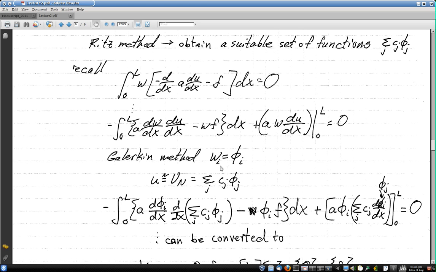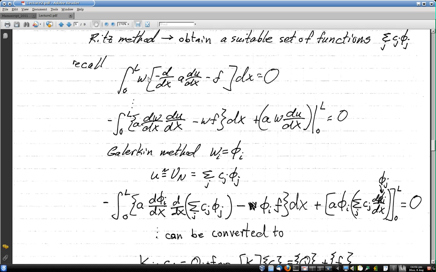So in Galerkin's method, the weight function is the same as this interpolation function. They don't necessarily have to be, okay? There are some subtleties between those. We'll get into this again in more depth later, but this weight function and what we use to approximate the solution don't have to be the same. We make them the same when we use Galerkin's method.